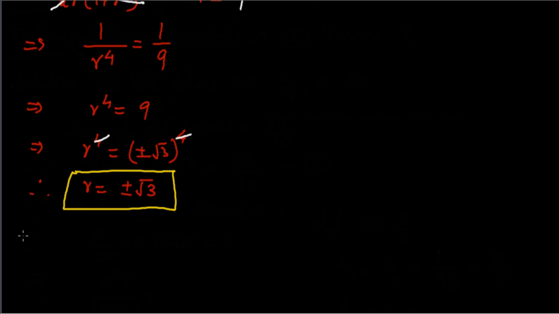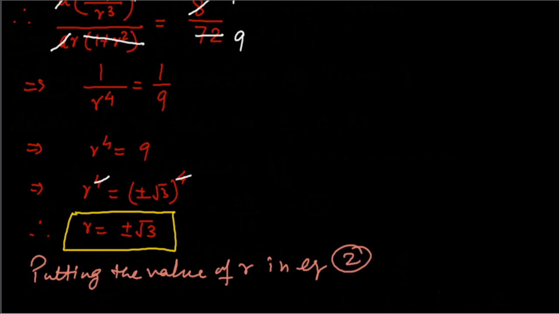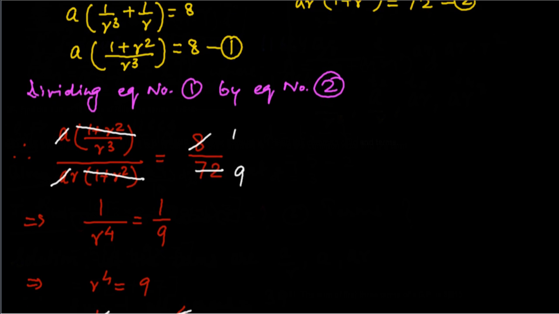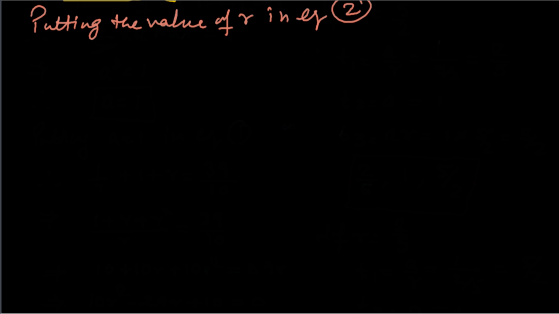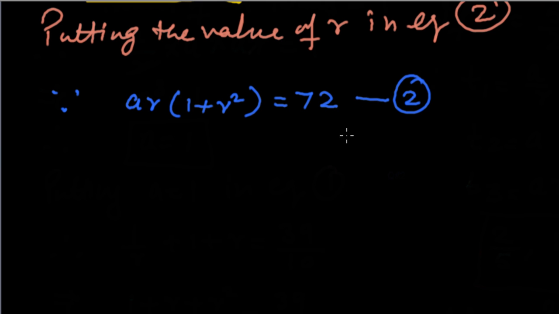So from equation 2, putting the value of R: equation 2 is AR times (1 plus R square) is equal to 72. We are putting R equal to root 3.